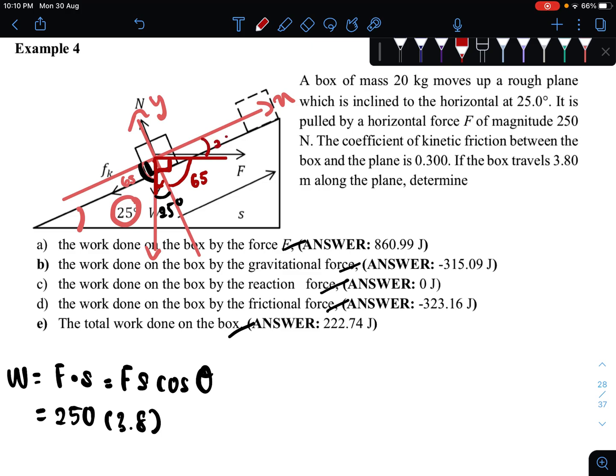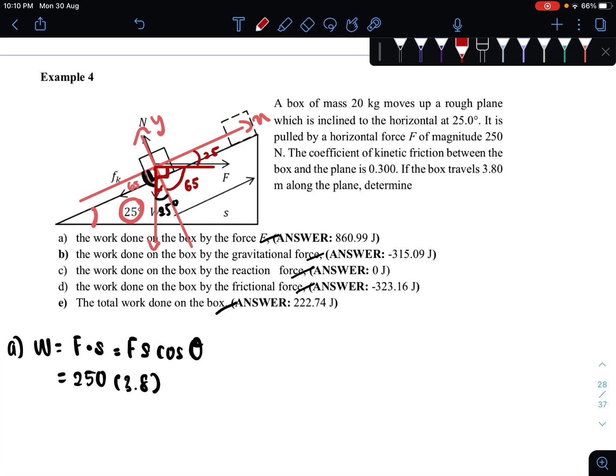Therefore, the angle between the force and the x-axis becomes another 25 here. Our S, the displacement of the object, is along the x-axis. You travel from here to here. So your displacement is on the x-axis. The angle theta here is between the F and the S. Therefore, theta here becomes 25.